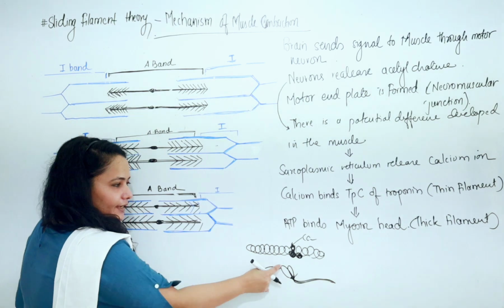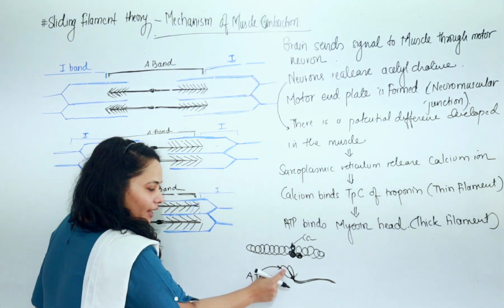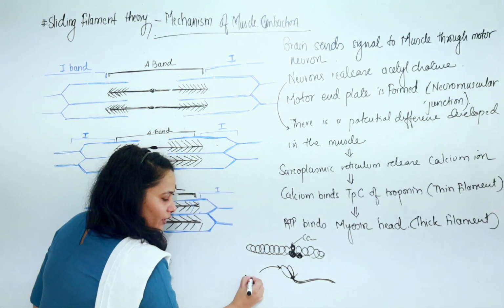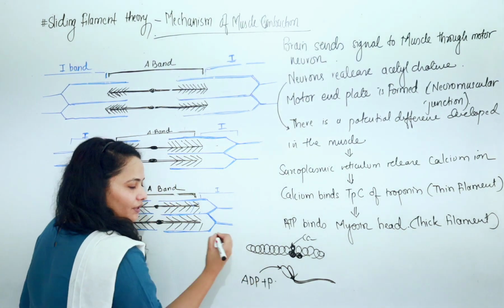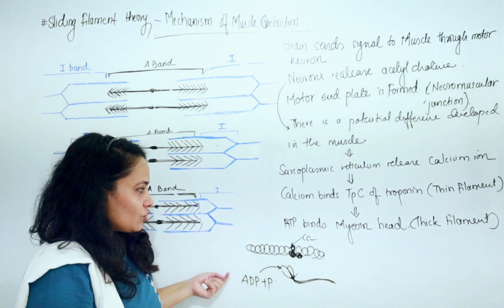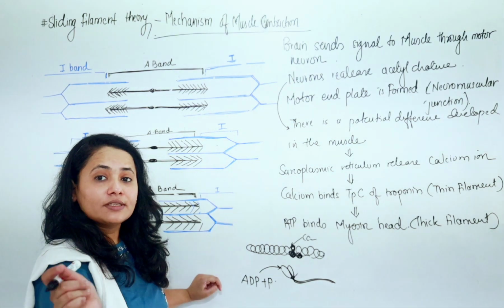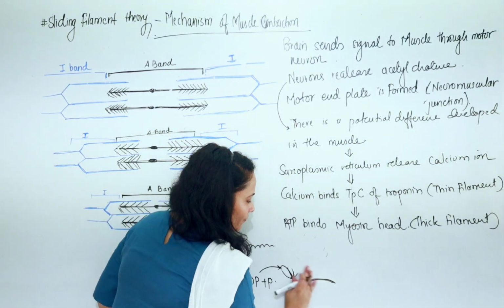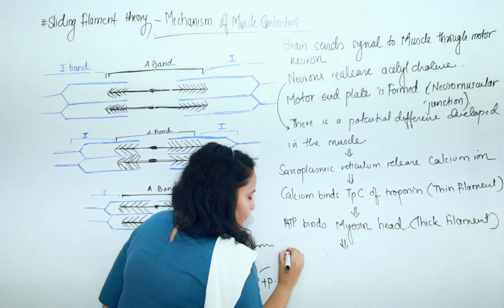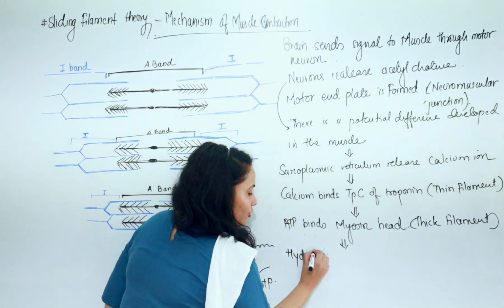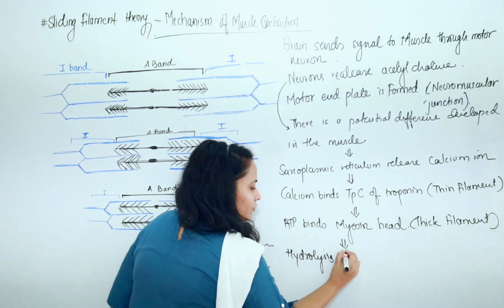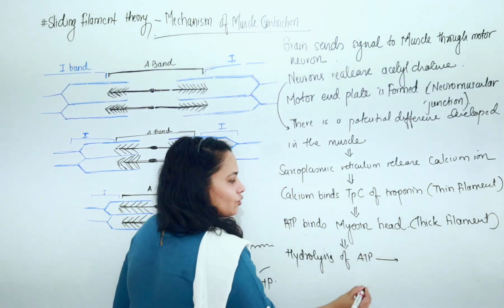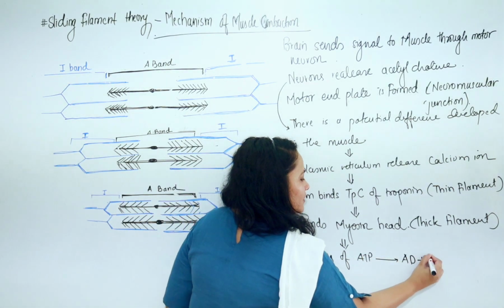As soon as ATP binds, it gets hydrolyzed, so ATP is converted into ADP plus P. So the next point is hydrolysis of ATP takes place, and ATP is converted into ADP plus P.